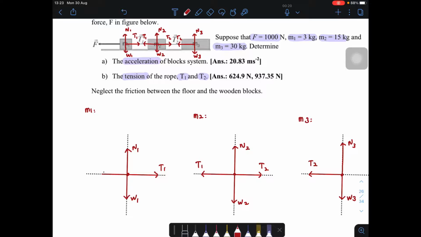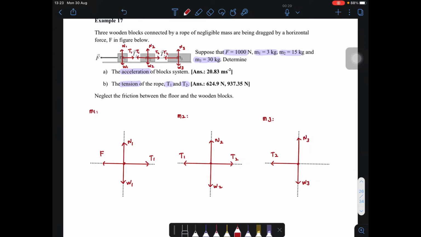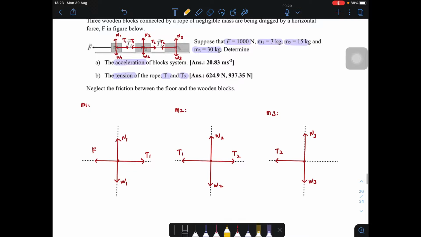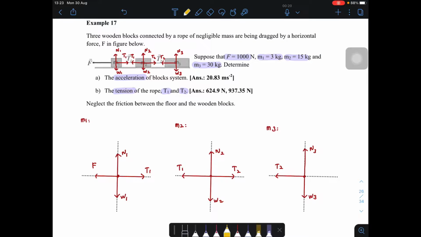There is external force F. Okay, so now we want to determine the direction of the acceleration. Since the external force is going to the left, the acceleration will also go to the left. So acceleration going to the left, all of this.